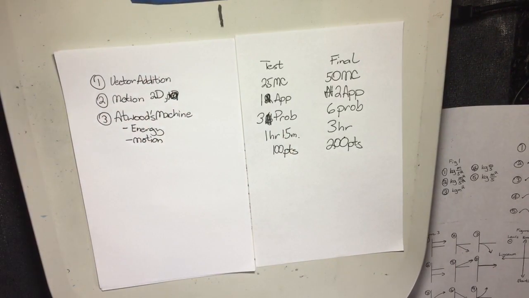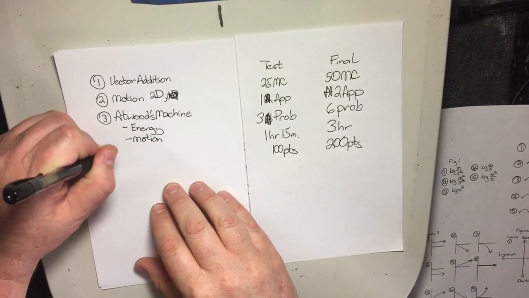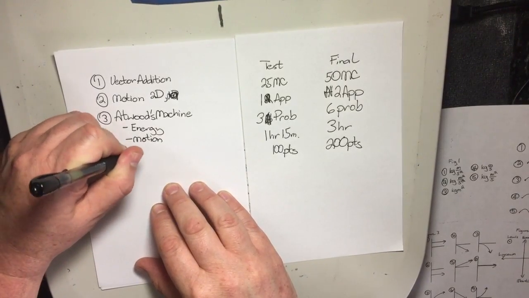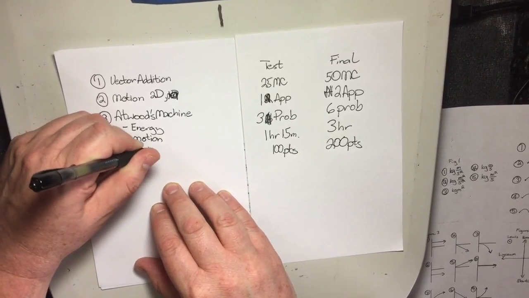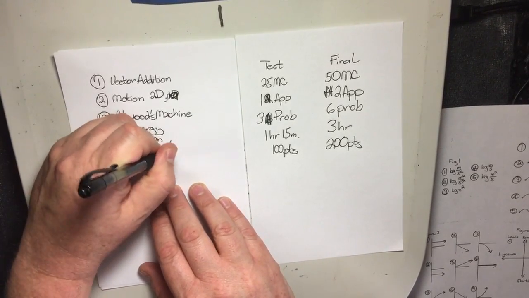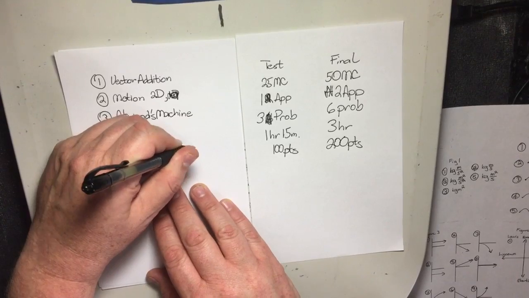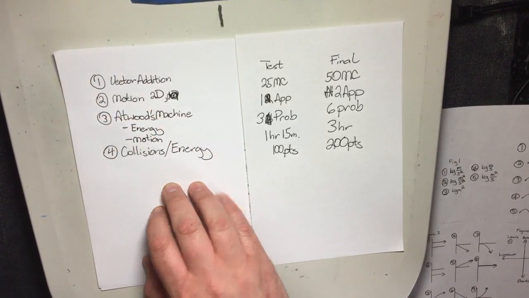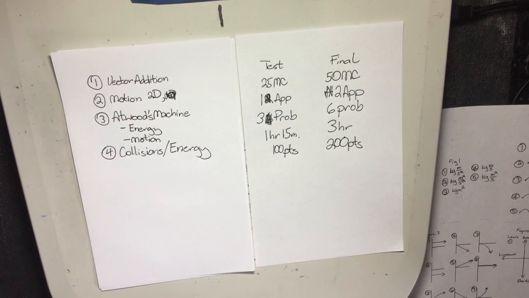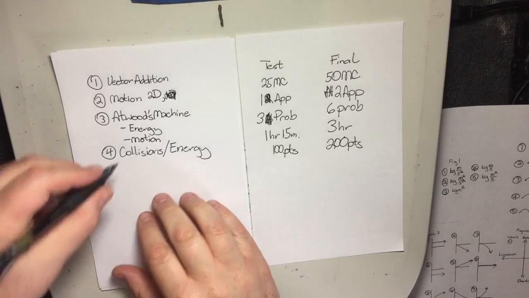Energy or motion, I won't decide until this weekend. For collisions, energy could be dealt with motion. We did not do an inelastic collision in the test, so we'll definitely do one here.